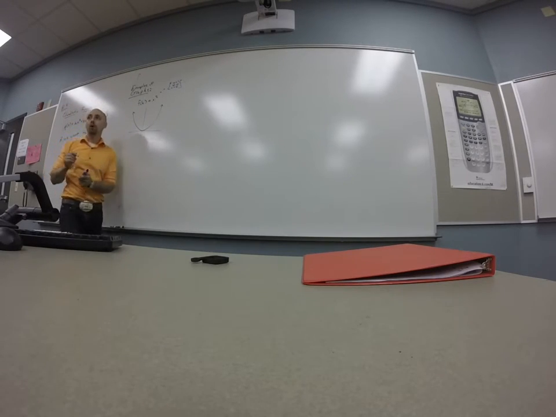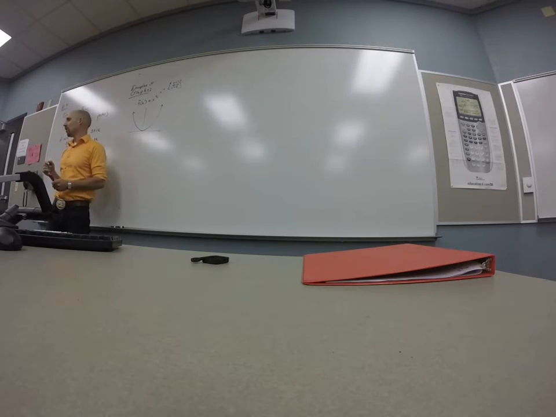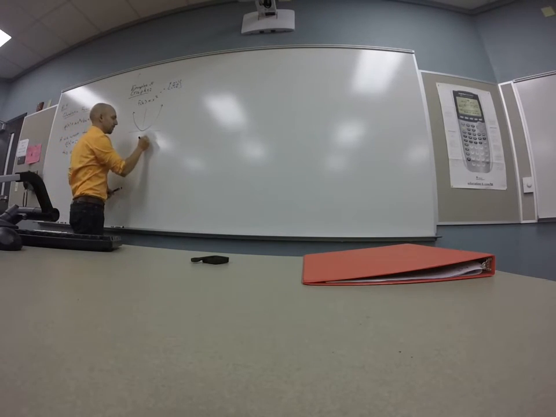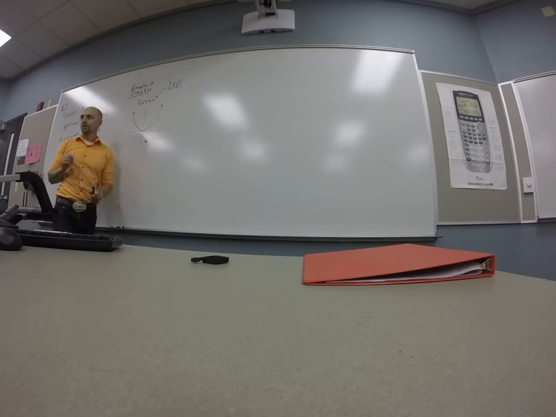This one opens upward. Why does it open upward? Because the A is positive. See that? There's a good reason for this. It's really that when I put in big numbers, right?